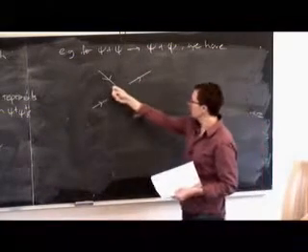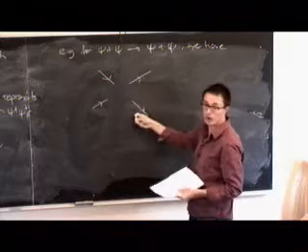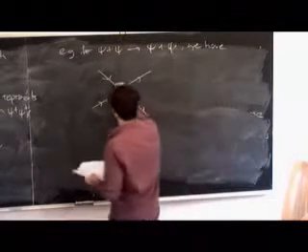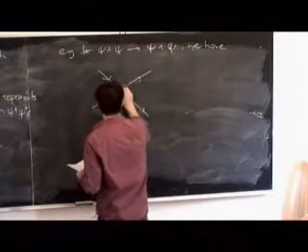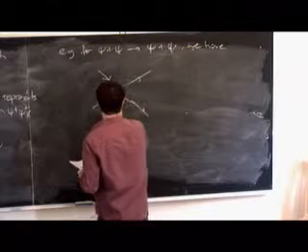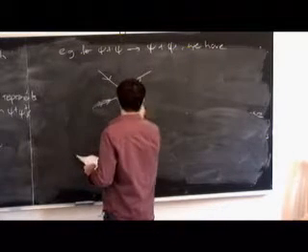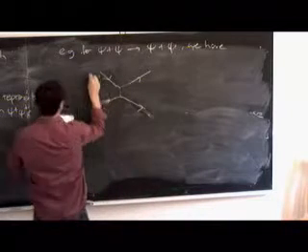This is the 2 incoming psi particles, this is the 2 outgoing psi particles. Somehow I've got to join all this together. So this is one way I can join it together.